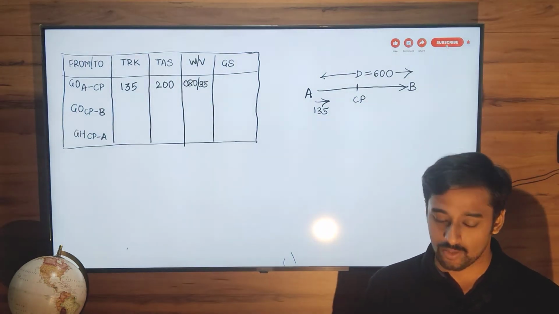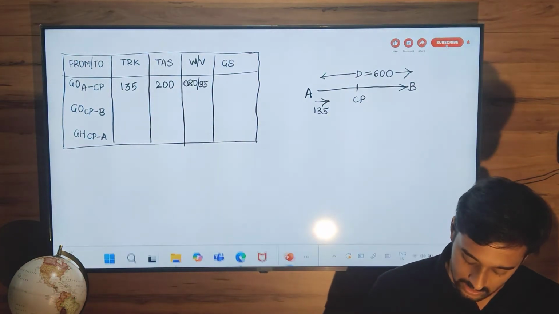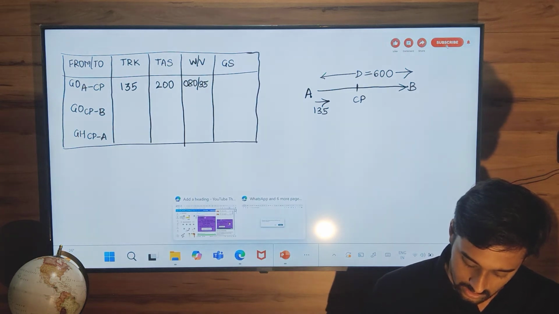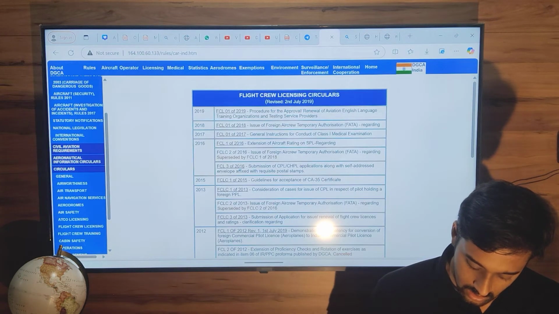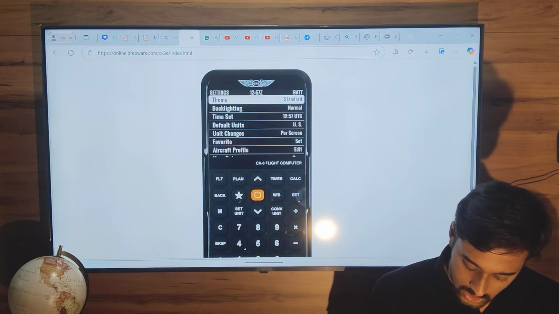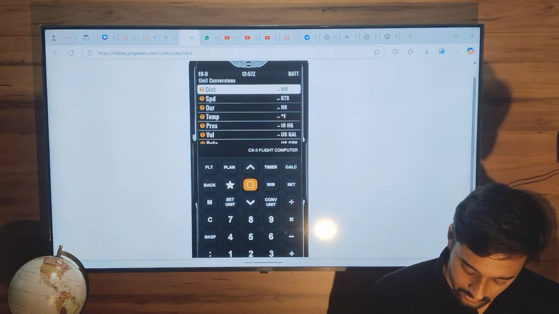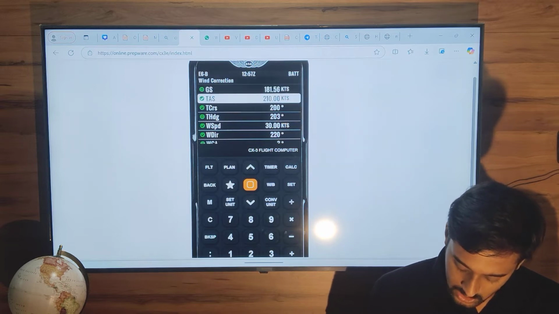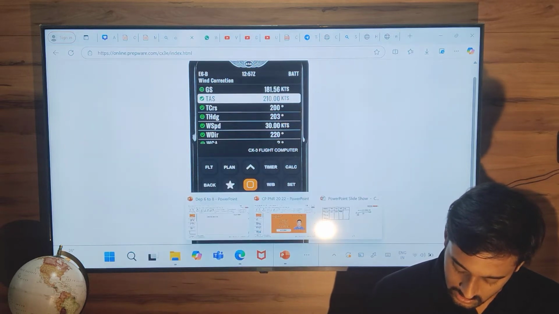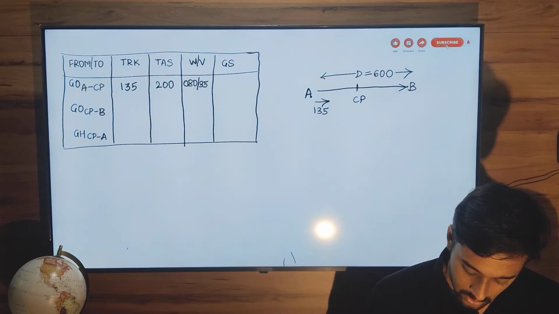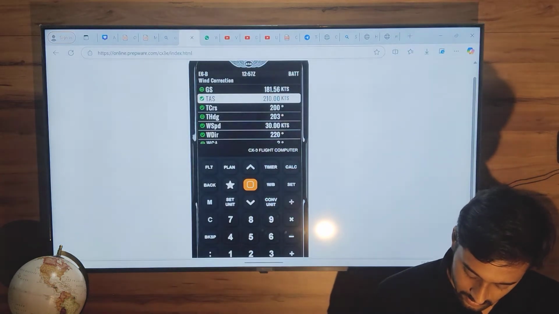We have to find ground speed. So let's calculate ground speed. So ground speed is how much? So track in this question is 135. So TAS 200.